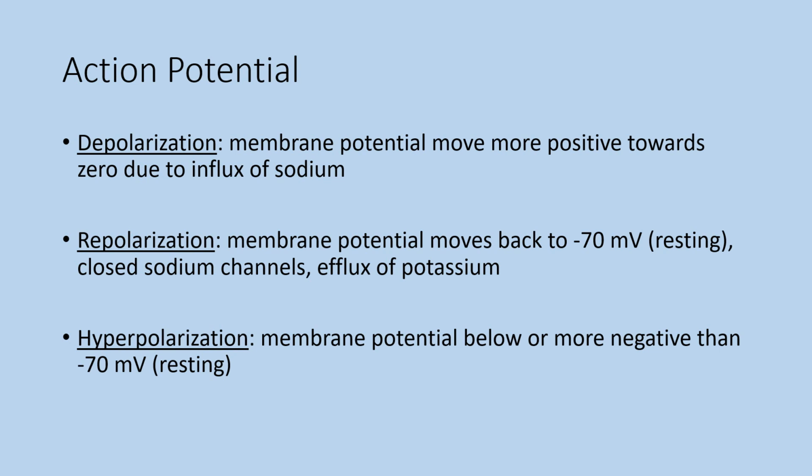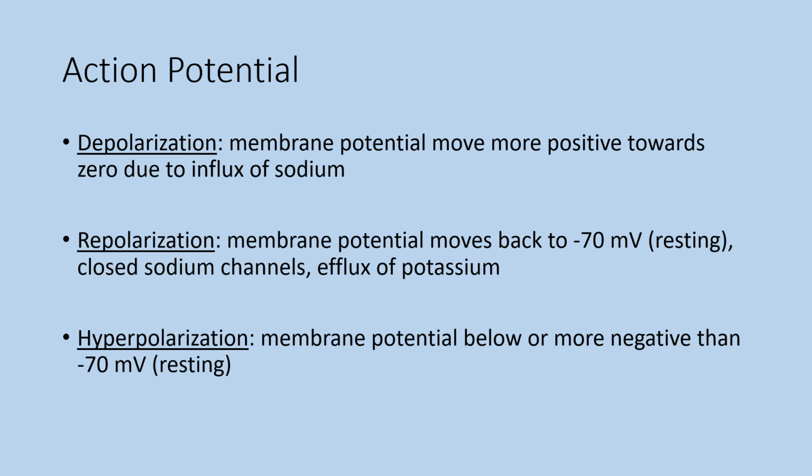So with an action potential, you'll see that we often talk about depolarization, repolarization, and hyperpolarization. So what are we talking about? If the resting potential or the resting membrane is at minus 70 millivolts, depolarization is when you change that internal charge to move it more positive. You're moving it towards zero.